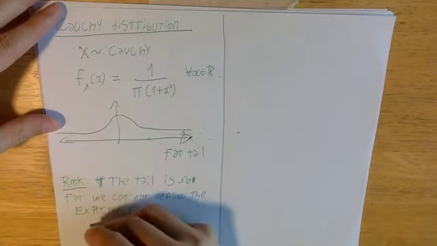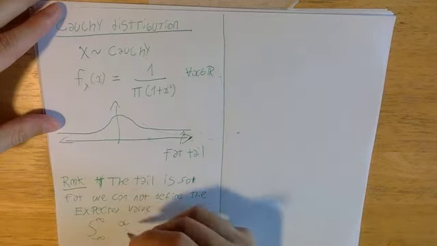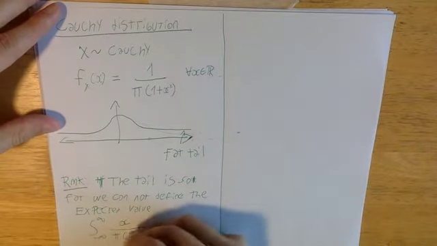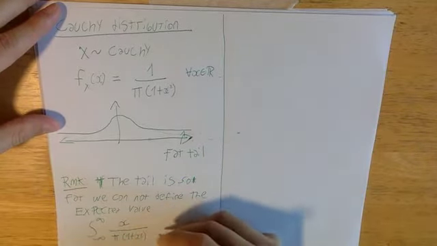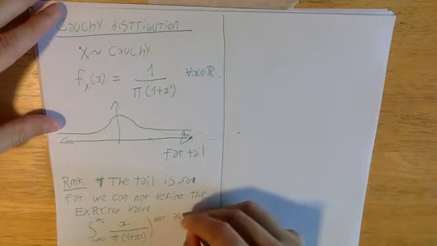The expected value is the integral from minus infinity to infinity of x times the density function, which in this case is 1 over pi times 1 plus x squared. But this is not absolutely convergent.